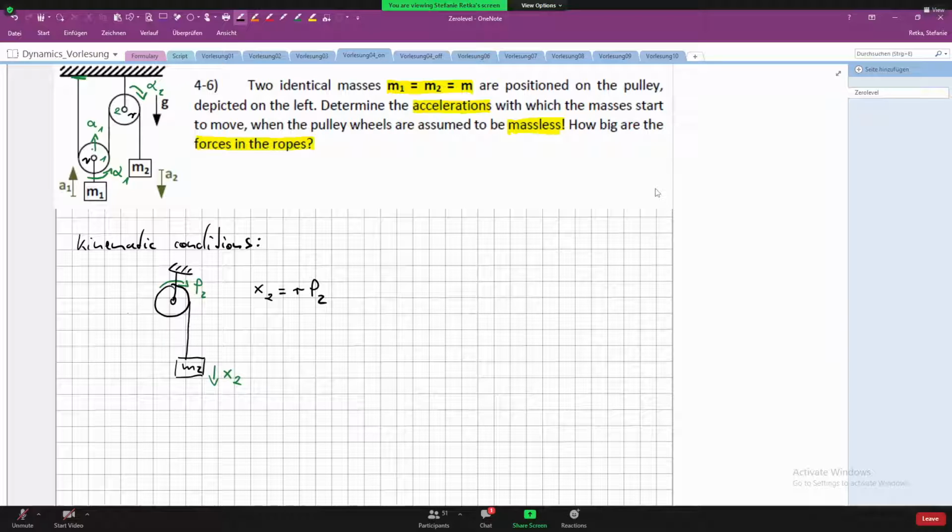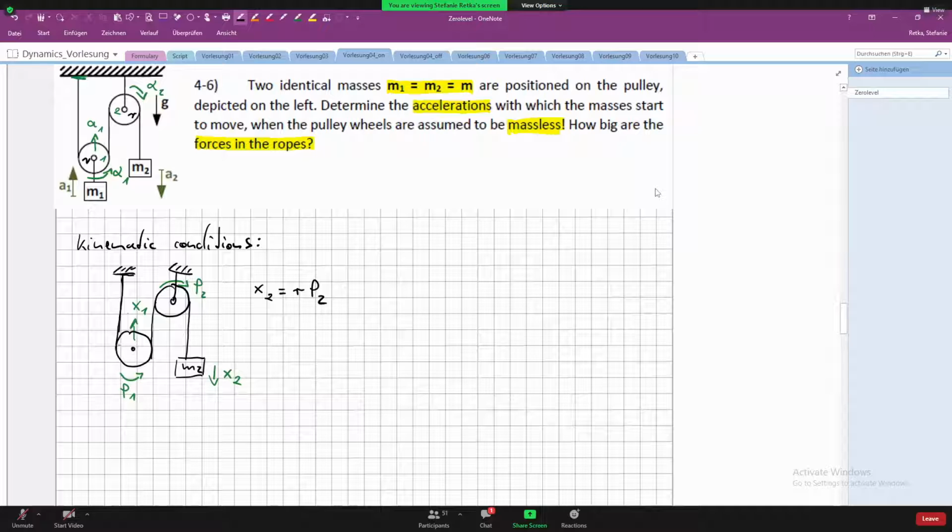Now, let's move on to the second pulley. The second pulley is here. Now our rope moves over the pulley and up here, and it's fixed here. Now, pulley number 1 rotates with phi 1, and the center of the pulley, or the pulley itself, moves upwards with x1. Now, the rope on the left is fixed to the ceiling of the system.